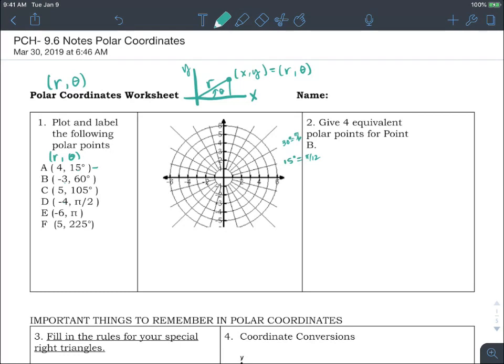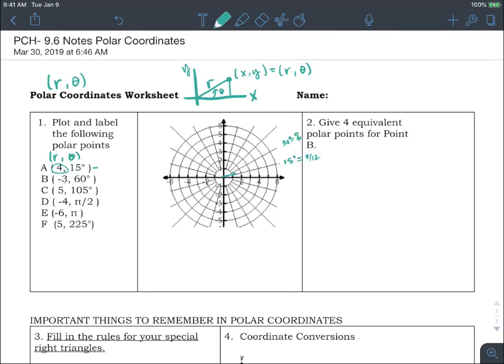What you're going to do is go to the line of the angle. My line is this one right here, and I'm facing 15 degrees. If the r value is positive, you walk in the direction you're facing.